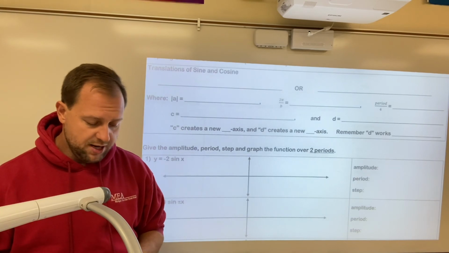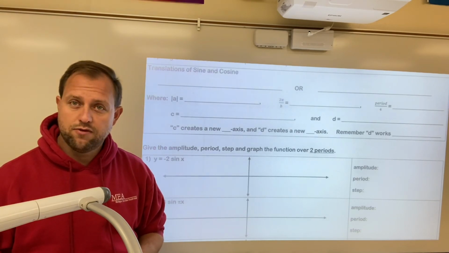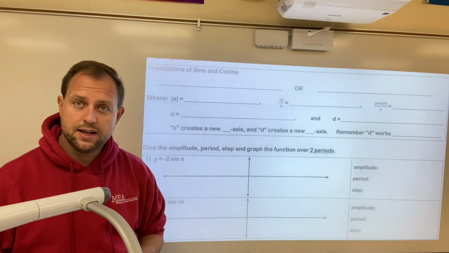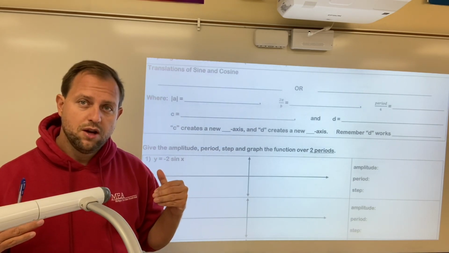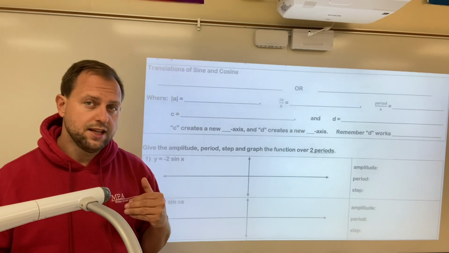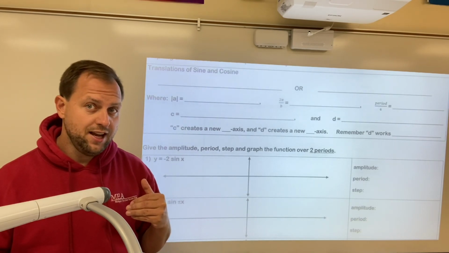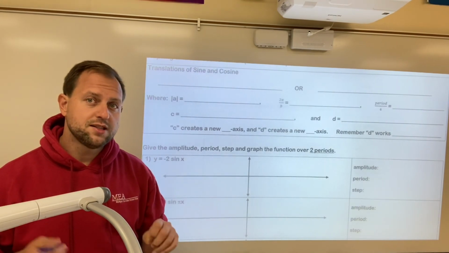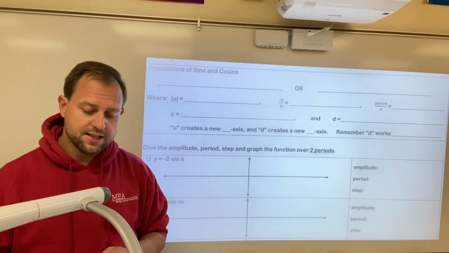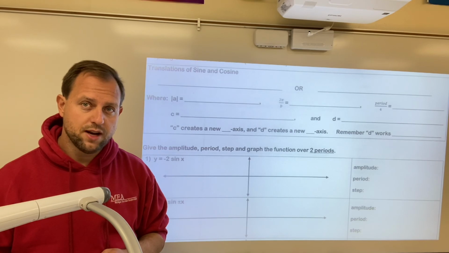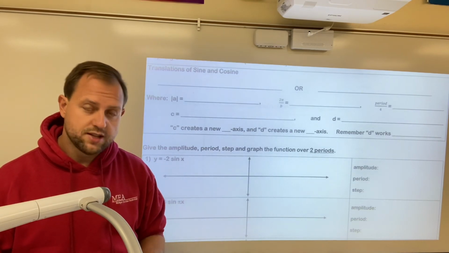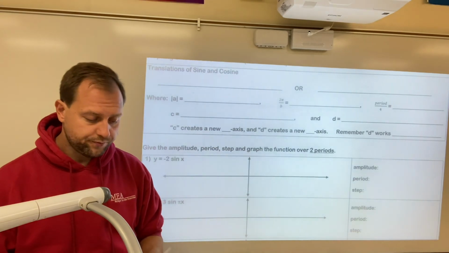My recommendation to you is to try this review first, and then go back and follow along with me to make sure you got everything correct and understand the key concepts. So if you haven't done it yet, I'd recommend hitting pause, going back, filling this out, using your notes if needed to pull this information together so that you're ready for the test on Chapter 4, sections 1 and 2.